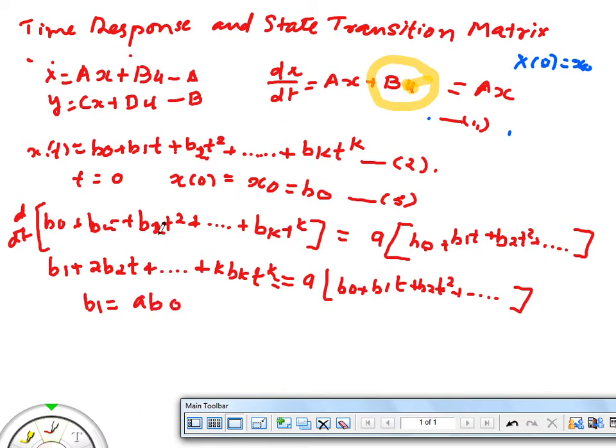Another one is 2 into b2 is equal to A into b1. Just comparing these terms, and the last term will be k into bk is equal to A into b(k minus 1).